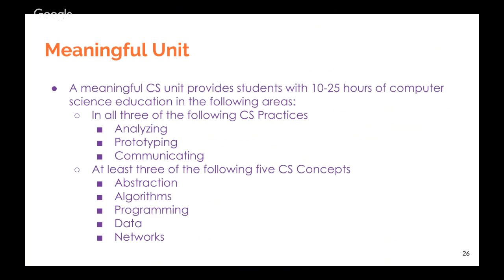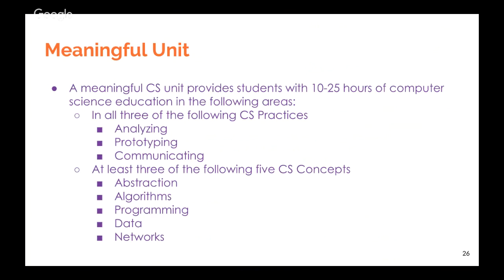So what is that meaningful unit? This is something you might not be familiar with. You can definitely go to the Blueprint website for more information, but to give you a description, a meaningful CS unit provides students with 10 to 25 hours of computer science education.